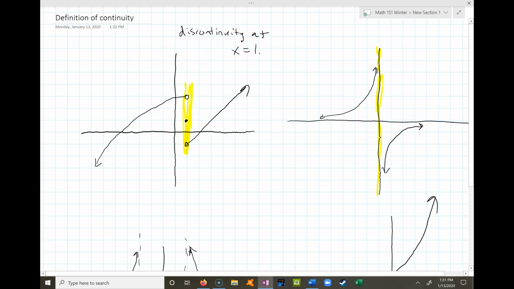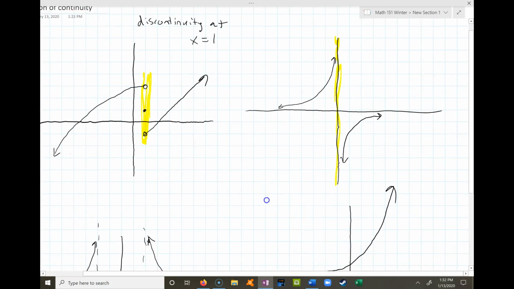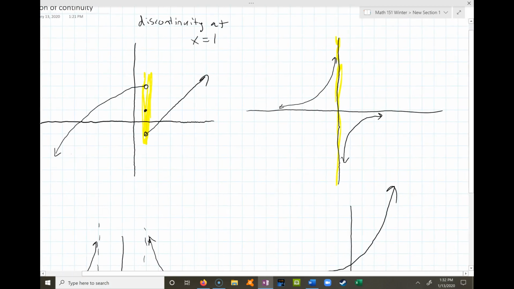And we always describe where something occurs with an x coordinate, right? So we know there's a discontinuity at x equals 1. How do we know? Well, if you look at the picture, you can just tell that there's a break in the graph. But formally, and by definition, how do we know there's a break in the graph? So there's a three-part test to the definition of continuity.